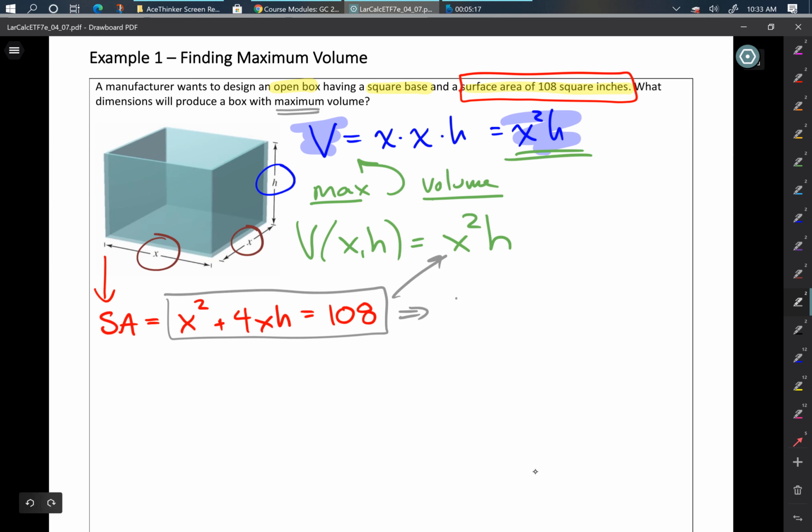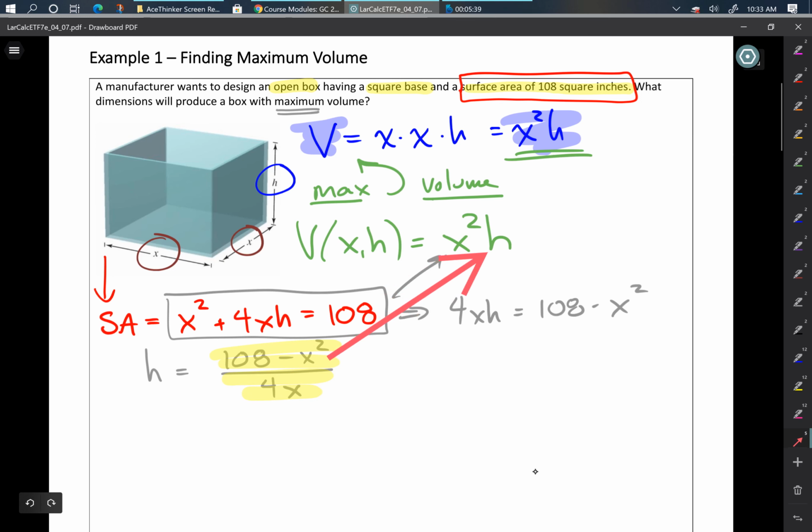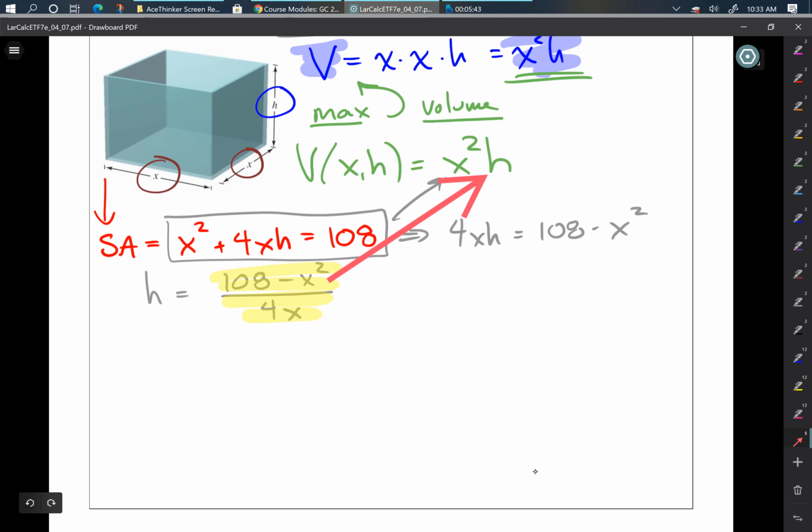And when I solve that red equation for h, I get that 4xh equals 108 minus x squared. Divide by 4x, and I get that h is equal to (108 minus x squared) divided by 4x. Now I can perform a substitution there and have volume be a function solely of the variable x.